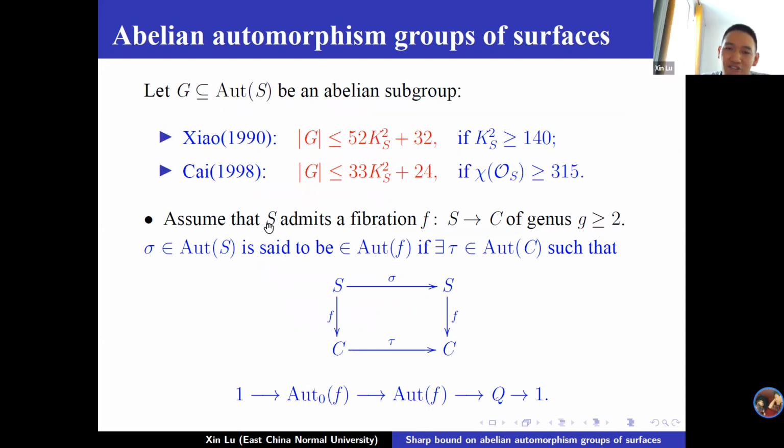In the fibered surface case, we just require this fibration is relatively minimal, and S is not necessarily minimal. Oh, I see. Thanks. Yeah. When we consider the bound for the surface, then S should be minimal. And for this fibered surface case, we just require S is relatively minimal.